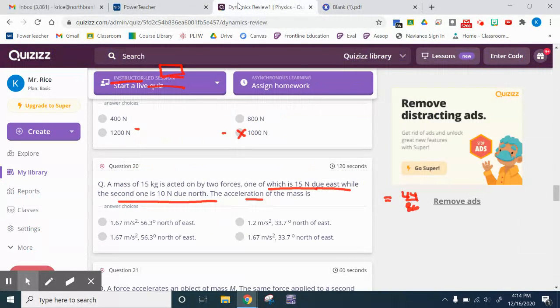Ooh, so I don't agree with their angle. That's terrible. Oh, no, I put the wrong numbers in. Try that again. Tangent of 10 divided by 15, not 13. I'd put a 13 in there. 33.7. All right, so I do agree. But as soon as you got the force and divided by the mass and found the acceleration of 1.2, you're kind of home free.